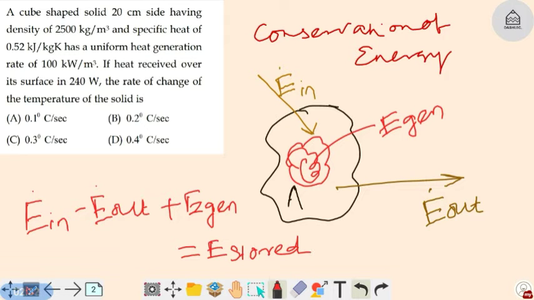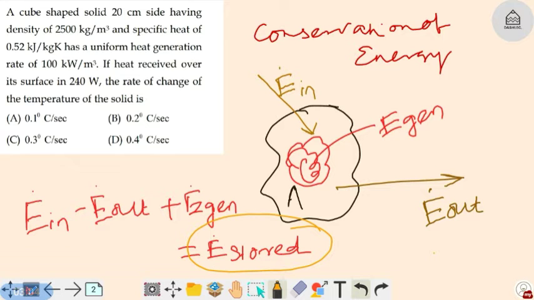If we talk in rate form, then E dot. E in minus E out is the net amount of energy that has come into the system, the amount of energy that has come minus the amount that has gone out of the system. This is the amount of energy that has been generated in the system. So this is the total energy that has been stored in the system.